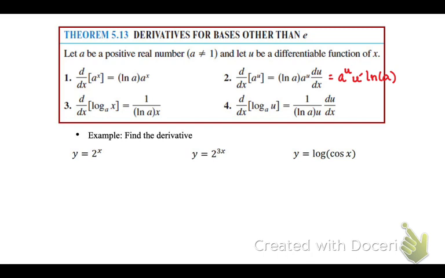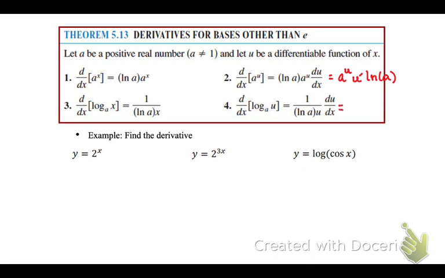Can I just go to 4 since it's the general, or do you guys want the specific too? I'll go through it. The derivative of log base a of x is 1 over the natural log of a times x. The derivative of log base a of u is 1 over the natural log of a times u times du/dx.